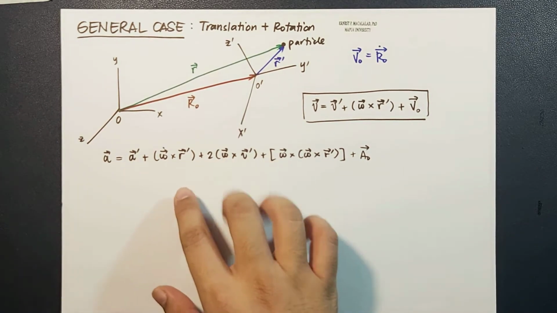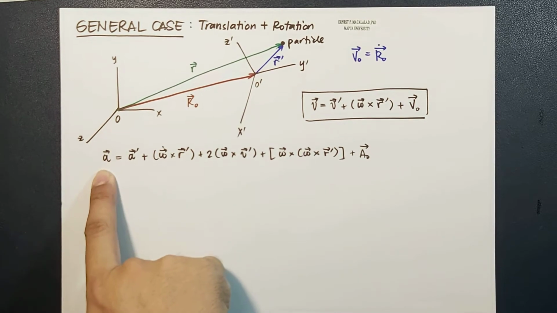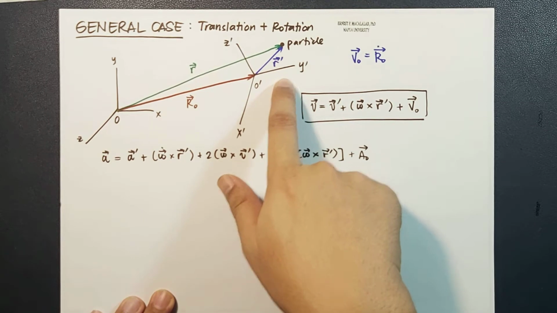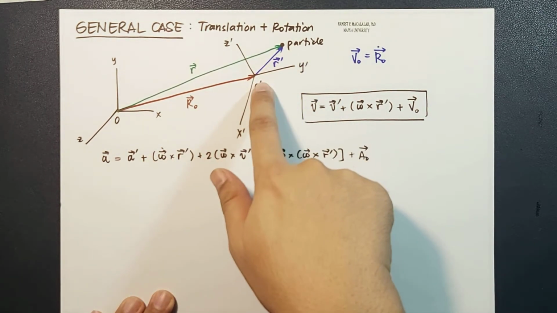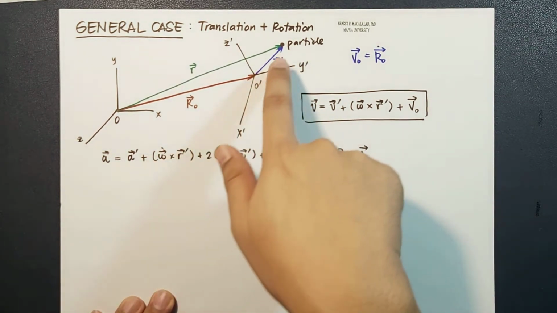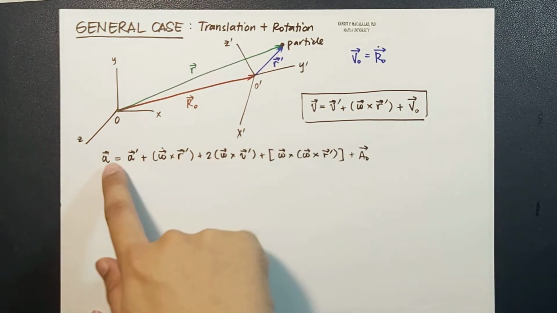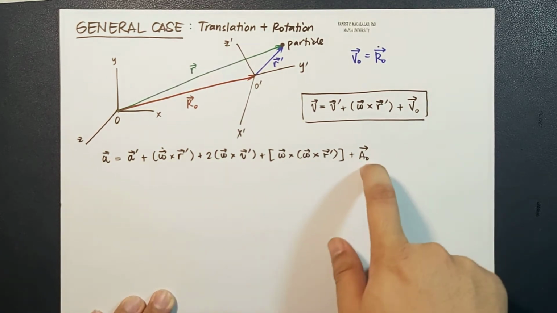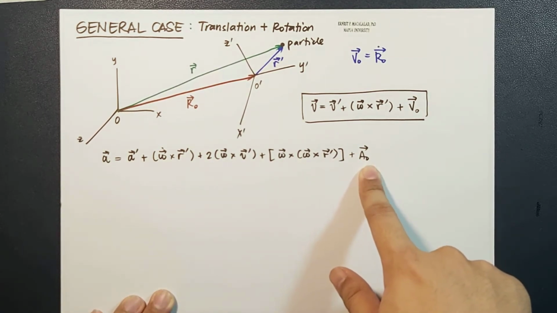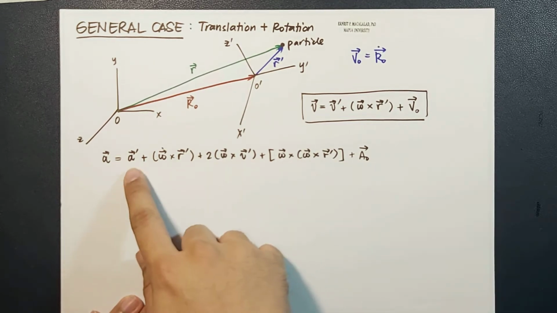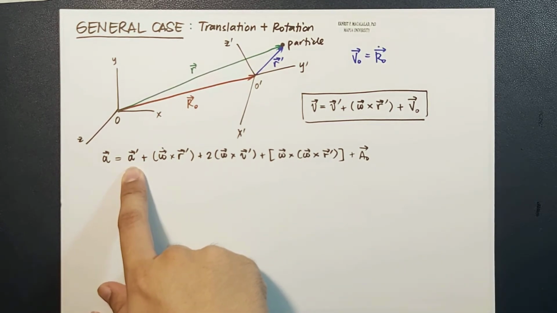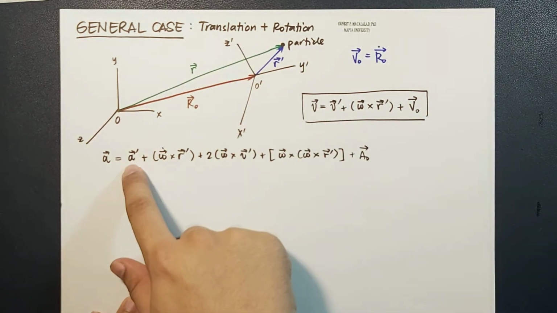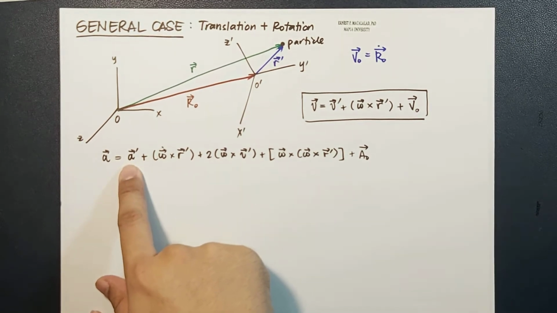A person outside your moving frame, in the fixed frame, will observe your acceleration according to this equation, wherein this person will detect 5 acceleration terms. We already know that a prime, small a prime, is the acceleration of your particle in the moving frame. If we measure this, it is something that is physical.